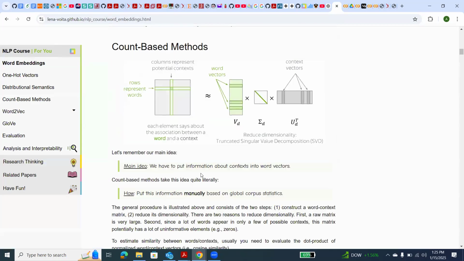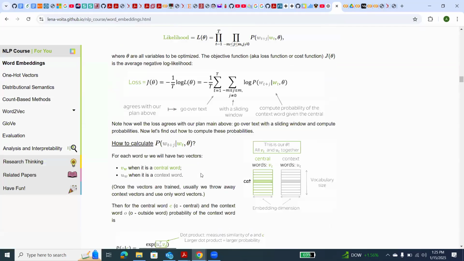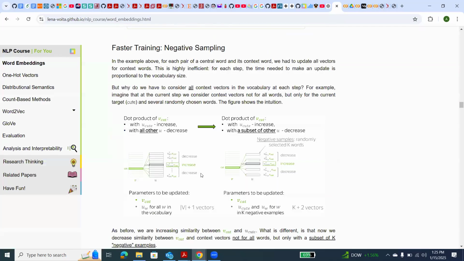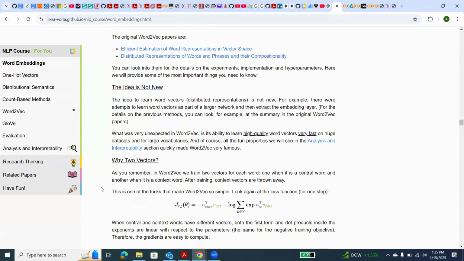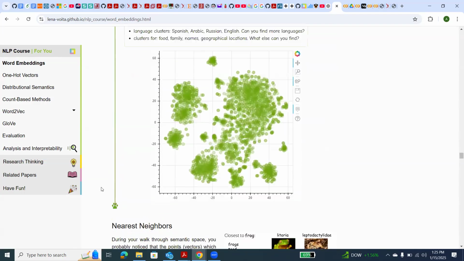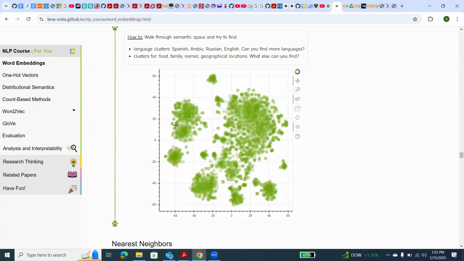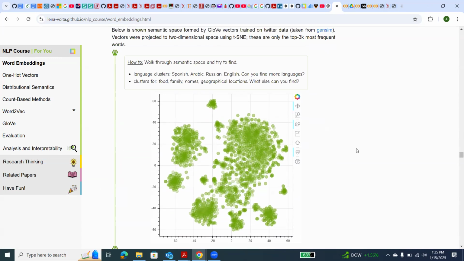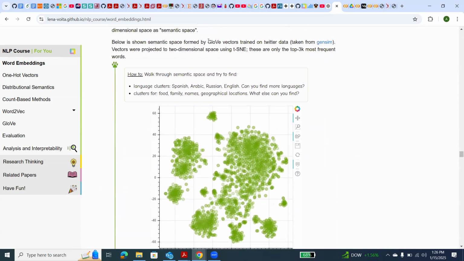And in the end of this page, there is this plot. And you can look at how words are grouped together using this. So they use GloVe.